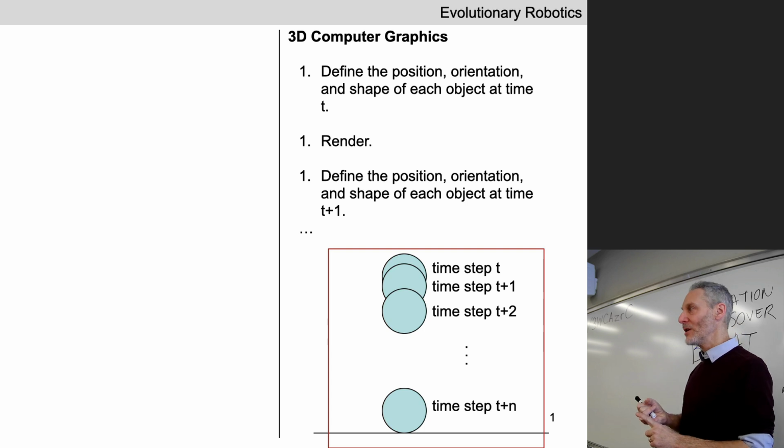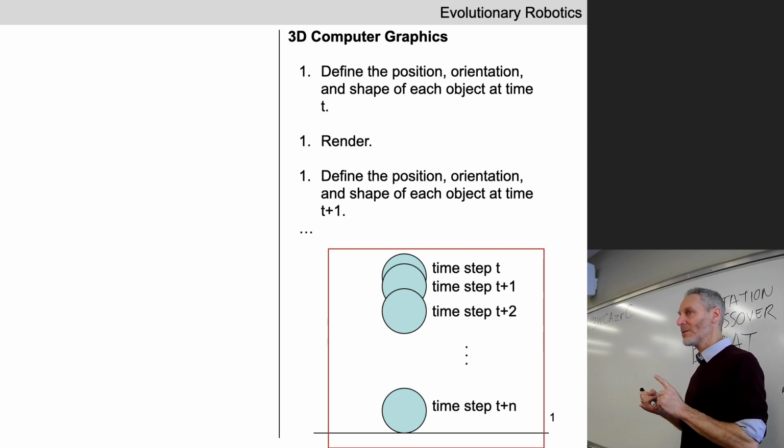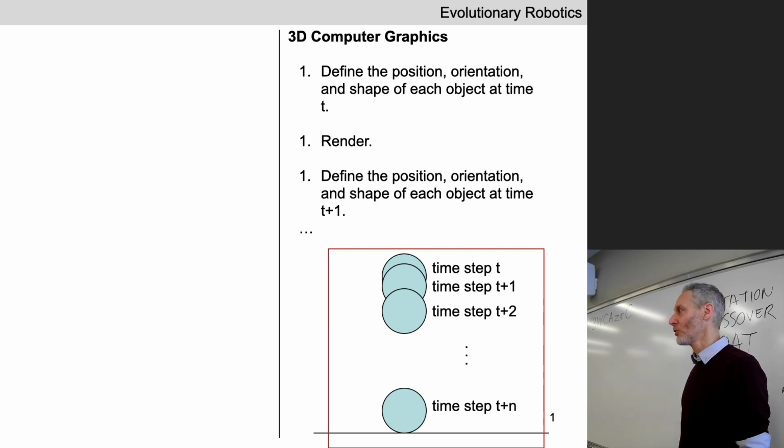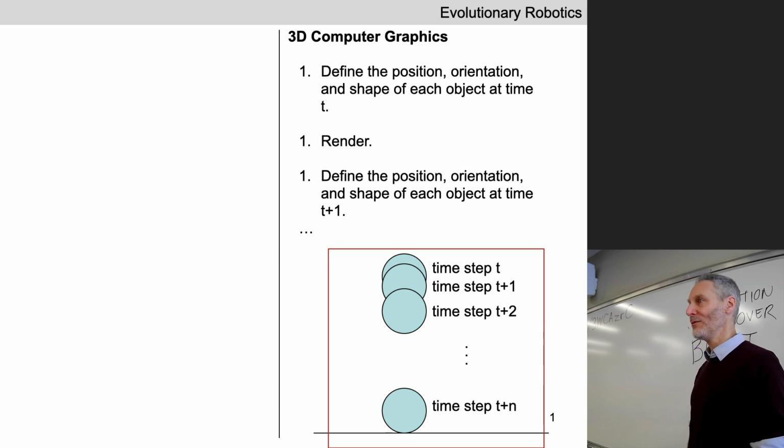From a robotics point of view, as I mentioned at the beginning of this course, we could just throw away physics engines altogether and just evolve physical robots right here in the real world. Expensive, takes a long time, and I don't want to be the volunteer that goes near a robot that's partly evolved. Not maybe a fun thing to do.